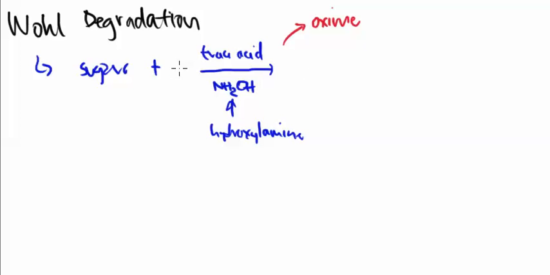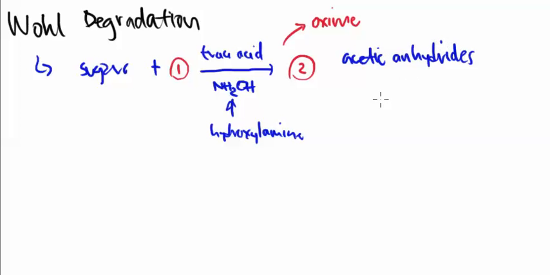In the next step, so this is step number one, in the next step, we bring in yet another set of reagents, and these reagents are basically nothing more than acetic anhydride. Now, we've looked at anhydrides before in the past. You should know what an anhydride is, and you should know the structure of acetic anhydride.